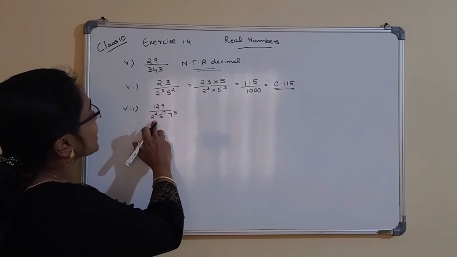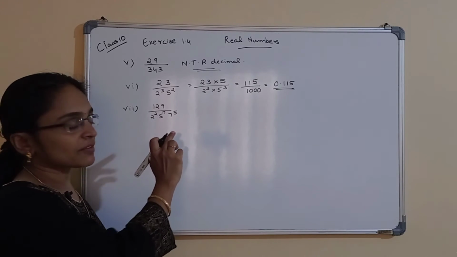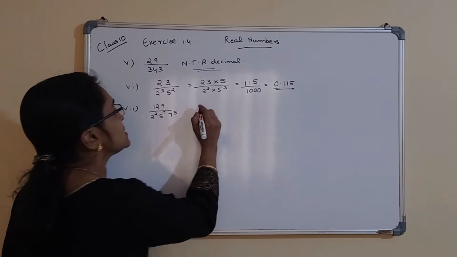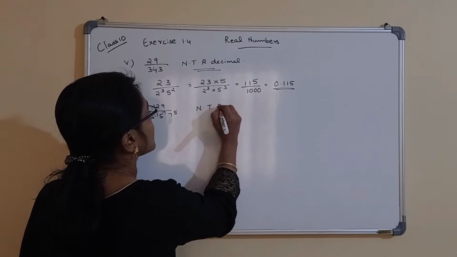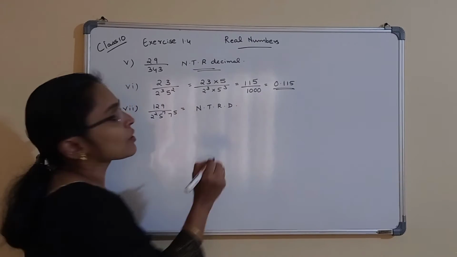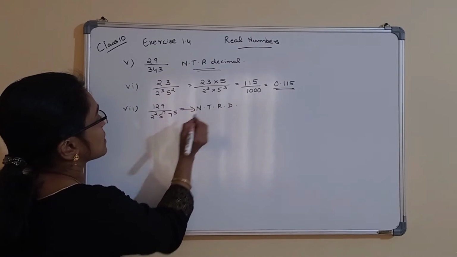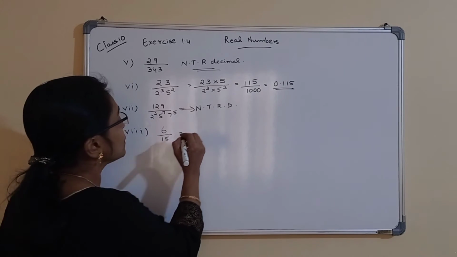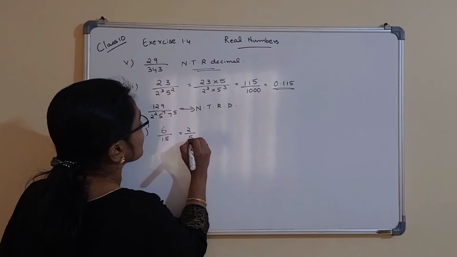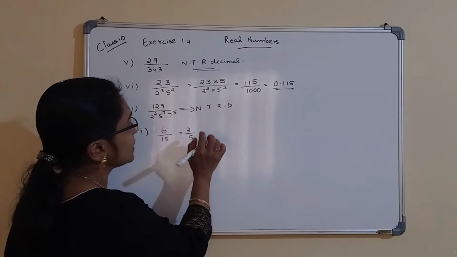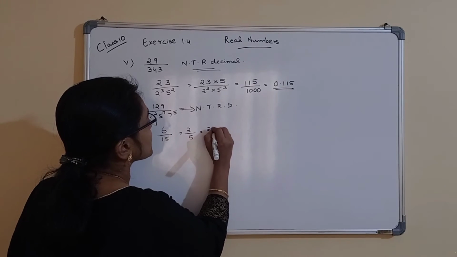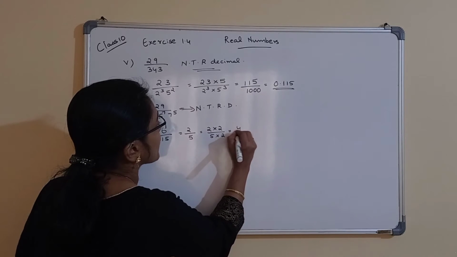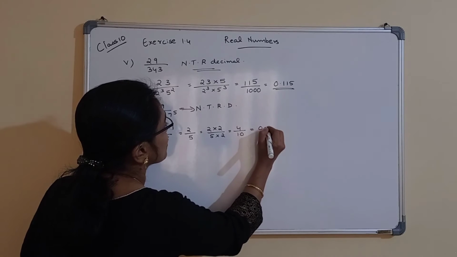Next one, 129 by 2 squared into 5 raised to 7 into 7 raised to 5. 7 is occurring in this denominator, which means this is a non-terminating repeating decimal. Next one is equal to 2 by 5. So this is terminating, and 2 by 5, we can multiply by 2, that is 4 by 10, and that is equal to 0.4.